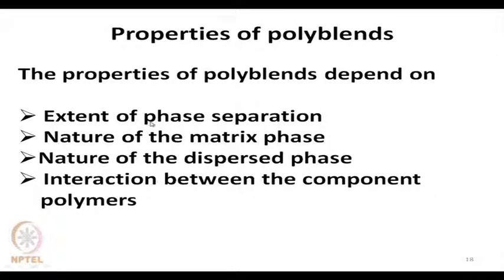There should not be separation into different phases, and nature of the matrix phase should be such that they become interactive. So, interface adhesion between the component polymers should be good, and we must look into the nature of the dispersed phase so that it becomes miscible with the matrix phase, then interaction between the component polymers.